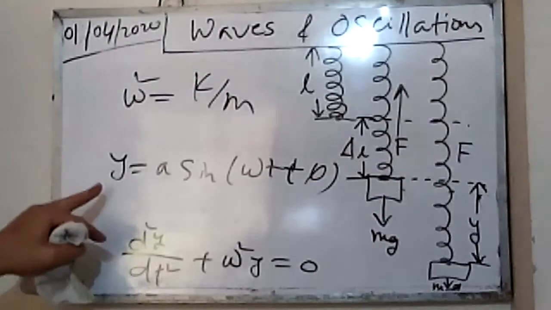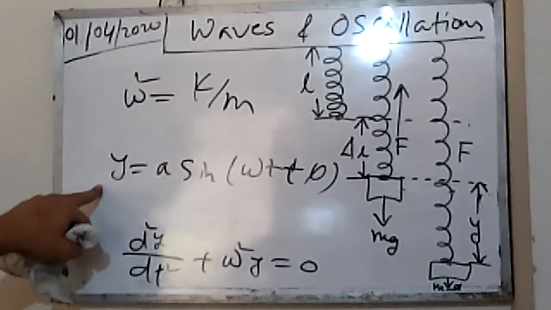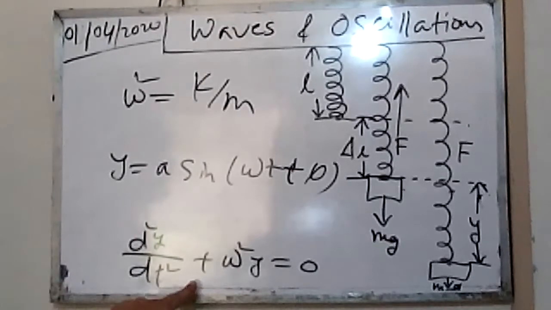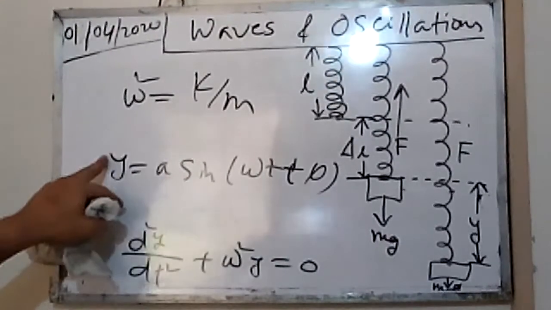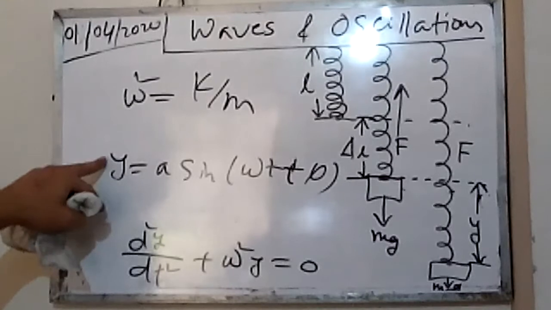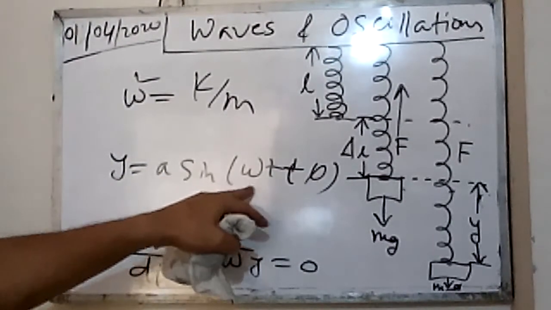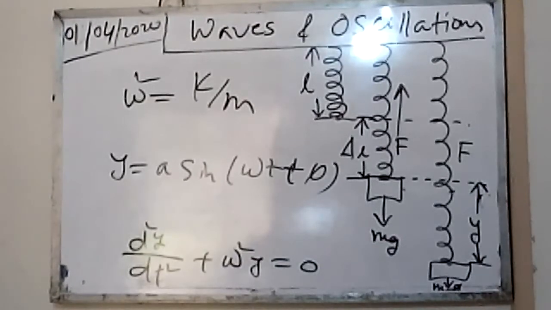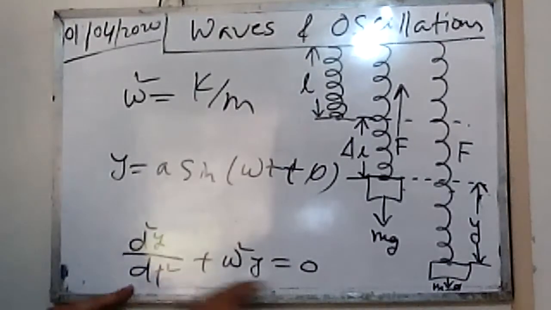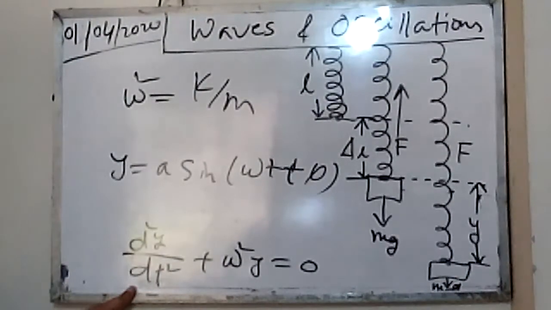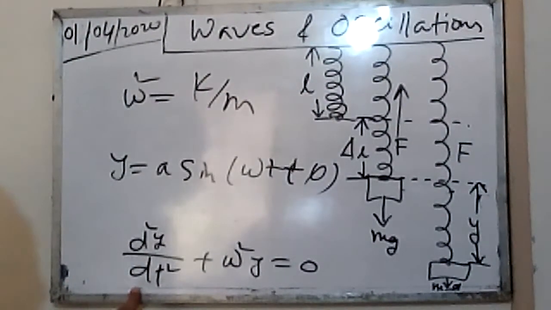Then we differentiated this equation 2 times and got the differential equation of simple harmonic motion.